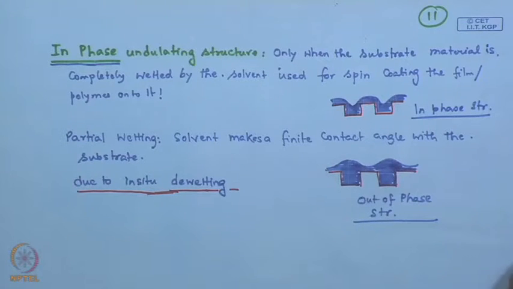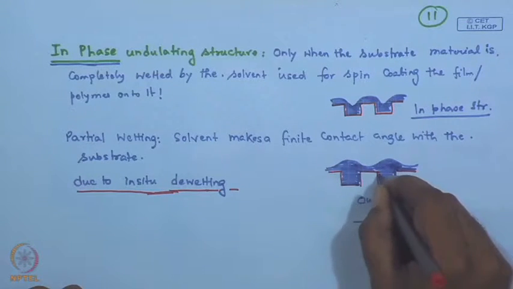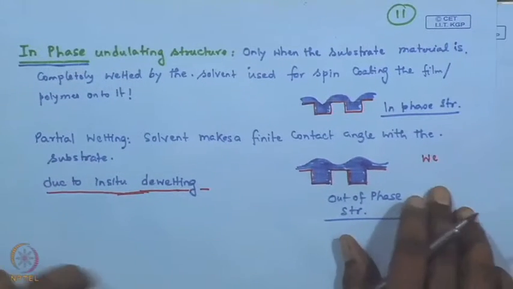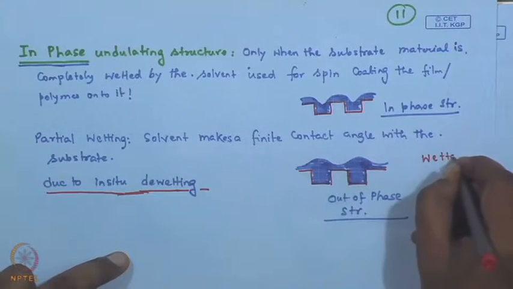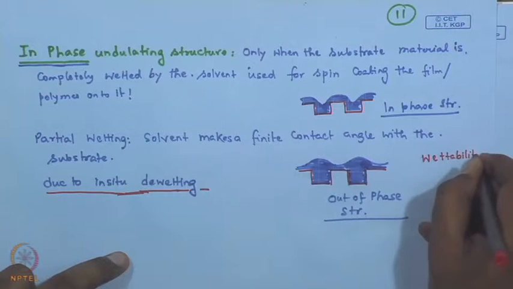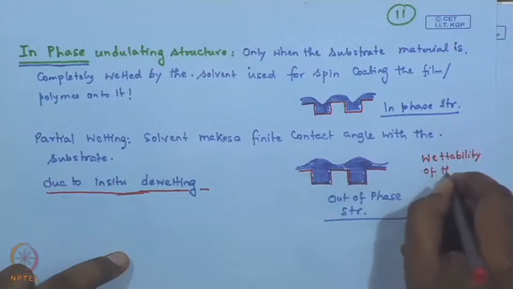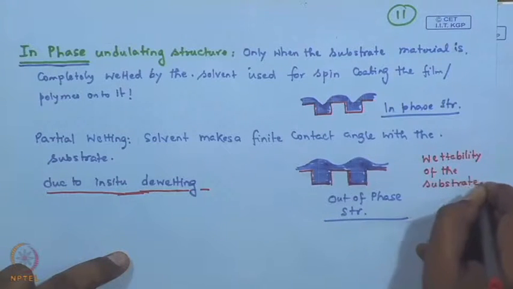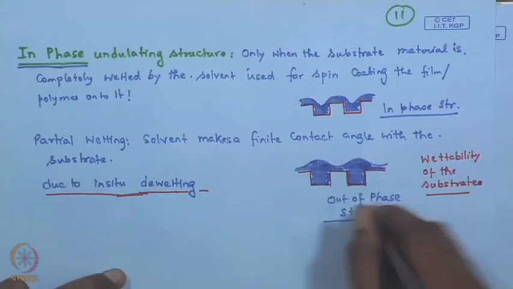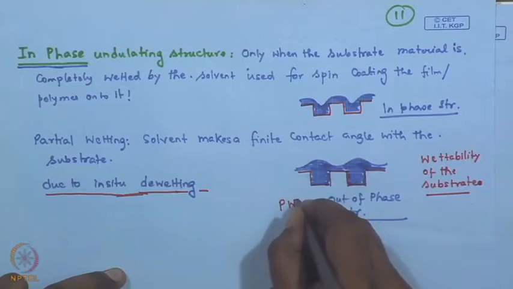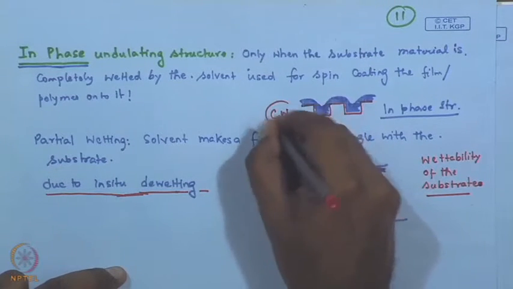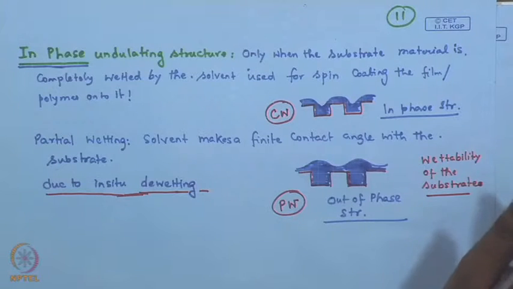So, the only difference between the two cases is the wettability of the substrate. So, in this case, this was a partially wettable substrate, I write it as PW. This case it was a completely wettable substrate, CW.